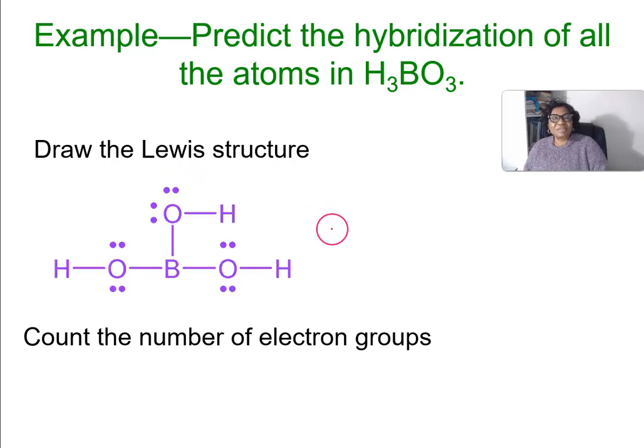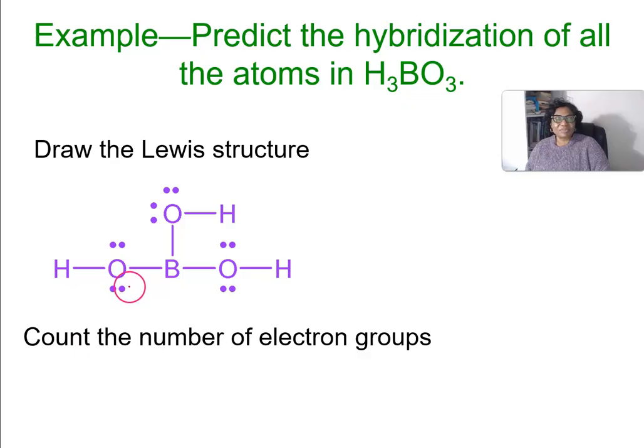So this is the Lewis structure. We want to predict the hybridization of all the atoms. You see, we have 1, 2, 3, 4 here. Make sure you count it. 1, 2, 3, 4 electron groups.